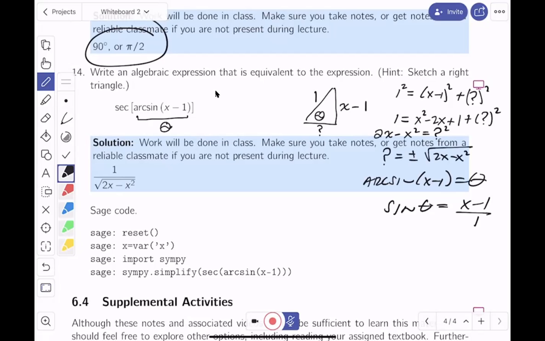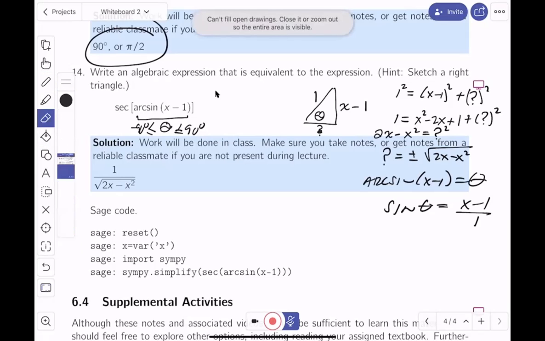All right, think about it now. When I think about the arc sine function, the angle would have to be between minus 90 and 90 degrees. I hope you remember that. Now, what do I know about the secant in that range? The secant in that range has got to be positive. So I know this question mark has got to be a positive number.